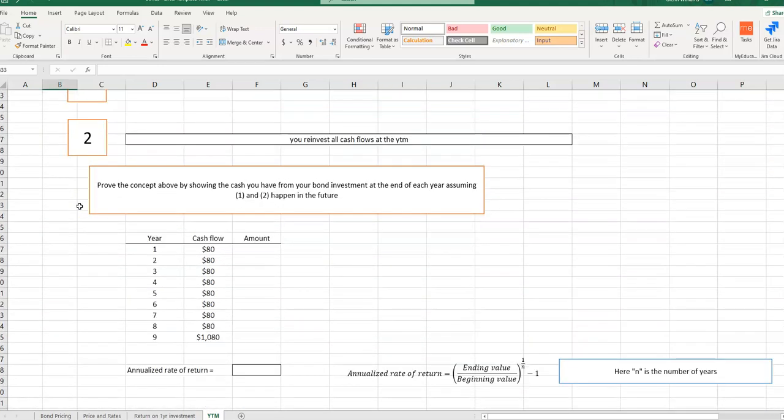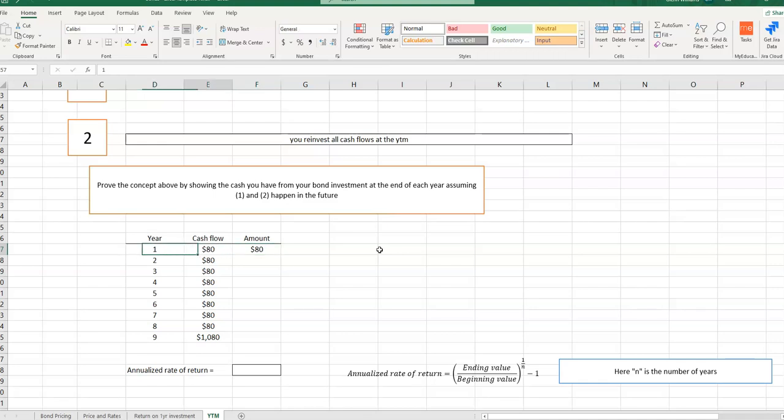Now, I've got here, prove the concept by showing the cash you have for the bond investment, assuming both 1 and 2 happen. So suppose I buy this bond for $1,105 and then I hold it until the end. I keep it and collect all the cash flows. As I collect those cash flows, I reinvest them at the yield to maturity.